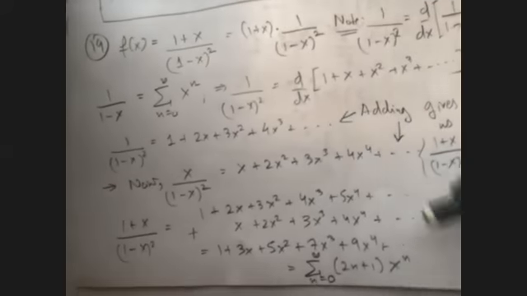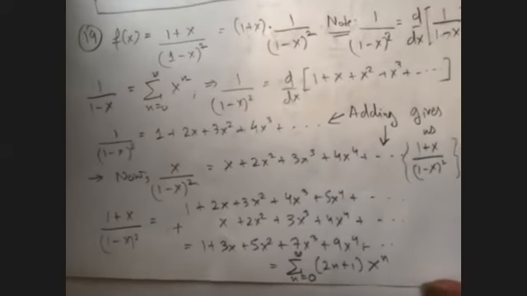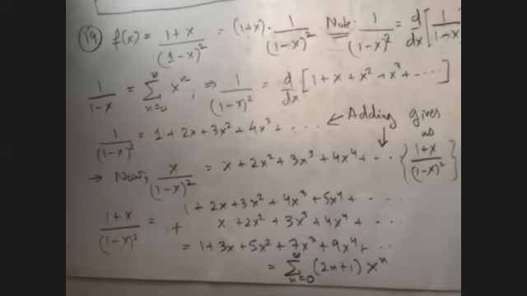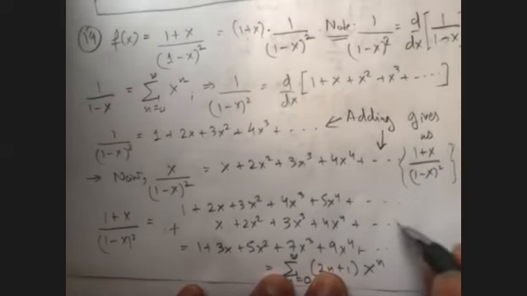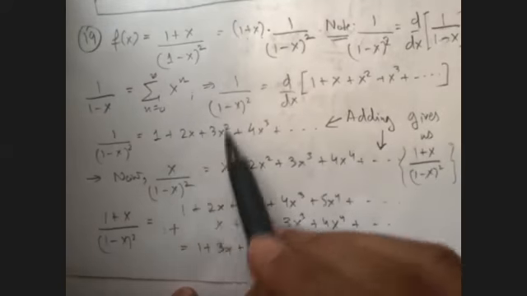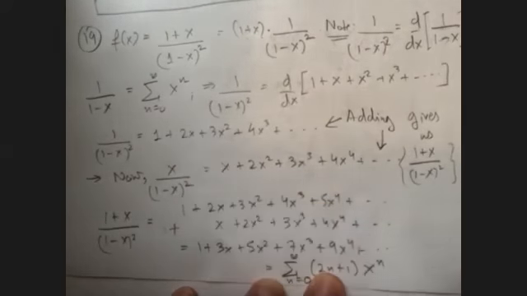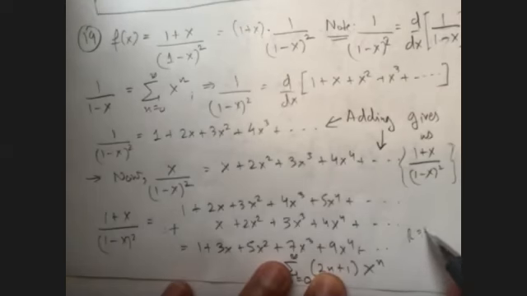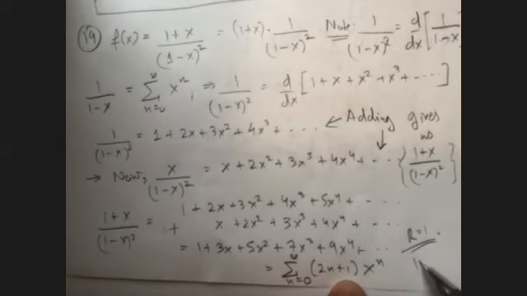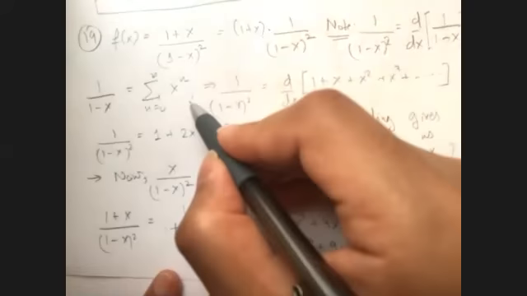Just for the previous problem, the radius of convergence here is, see, this series gives us R as 1 because mod of x is less than 1 over here.